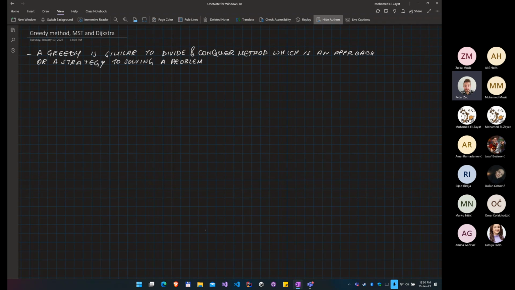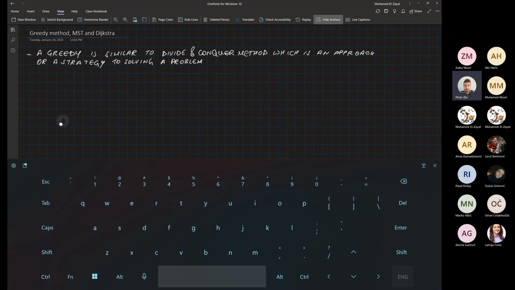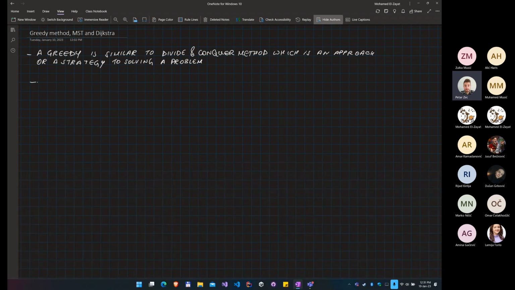Or you can actually use the greedy method. Now, a greedy method is sorry, not an optimization problem, it is used to solve an optimization problem.